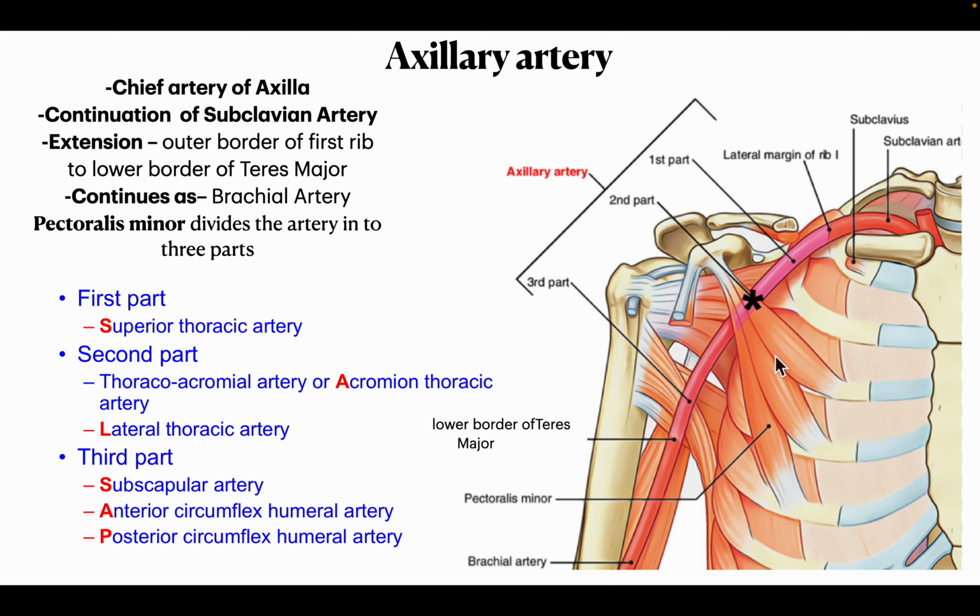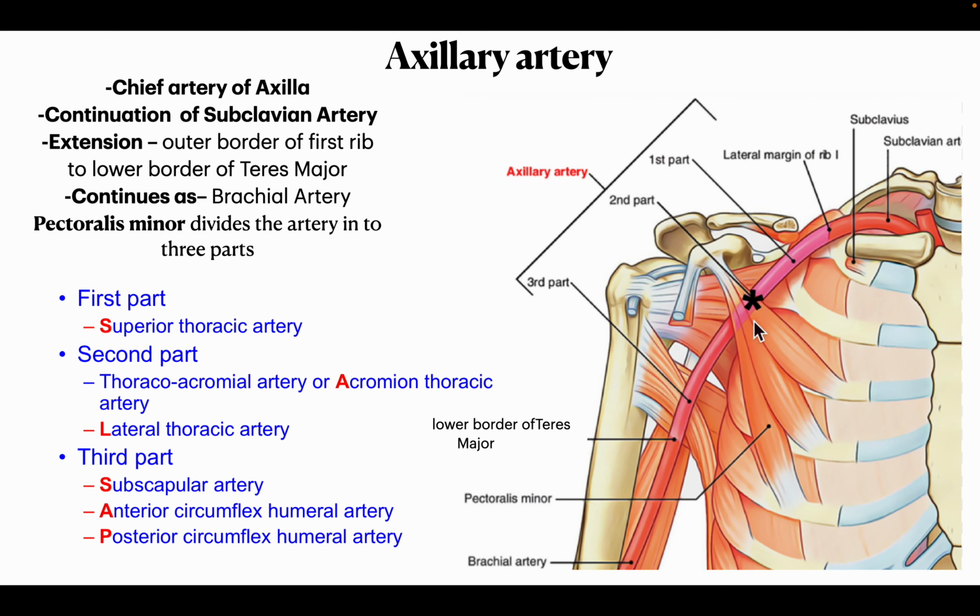Now we have to know the extent of the axillary artery. It extends from the outer border of the first rib to the lower border of the teres major muscle. The pectoralis minor muscle divides the axillary artery into 3 parts. You can see here, this is pectoralis minor, which crosses the axillary artery and is inserted into the coracoid process.